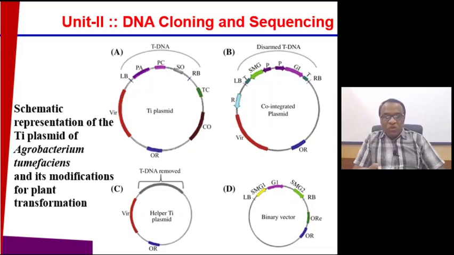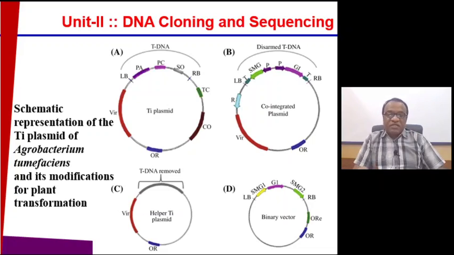Now, if we move on to figure D, this is about a binary vector that has the gene of interest as well as the selection marker genes for both Agrobacterium tumefaciens, that is SMG2 represented over there, and the plants, that is SMG1.